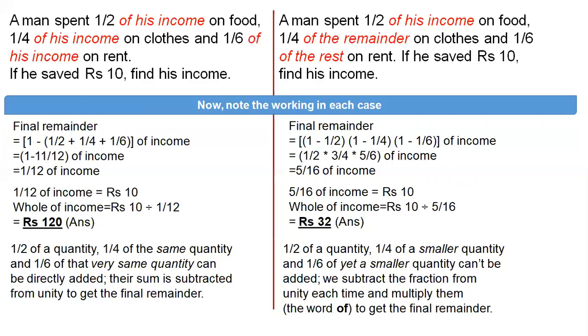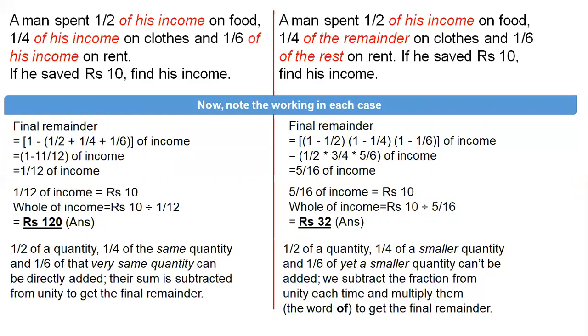So on the left side, 1/2 of a quantity, 1/4 of the same quantity, and 1/6 again of the same quantity can be directly added, and the total can be subtracted from unity to get the final remainder. On the right side, each fraction has to be subtracted from unity. 1 minus 1/2, 1 minus 1/4, 1 minus 1/6, and these are to be multiplied.